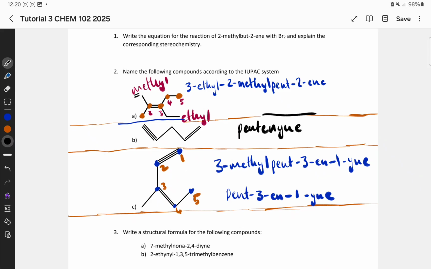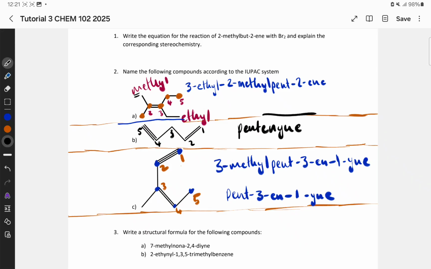So when they are on the same position, where do I count first? Well, you give priority to the alkene. If the two things are on the same position in your longest carbon chain, then you give the alkene the 1. So it's 1, 2, 3, 4, 5.